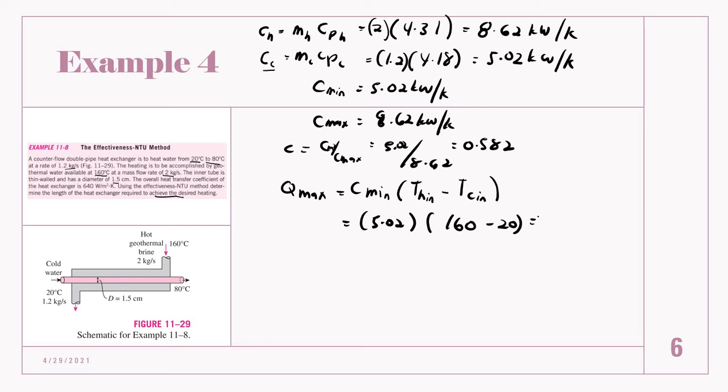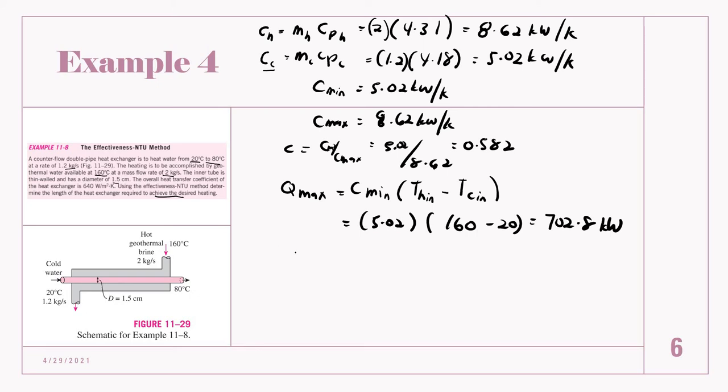The answer would be 702.8 kilowatt. This is the maximum possible heat transfer rate in the heat exchanger.